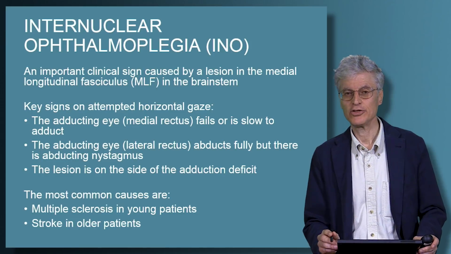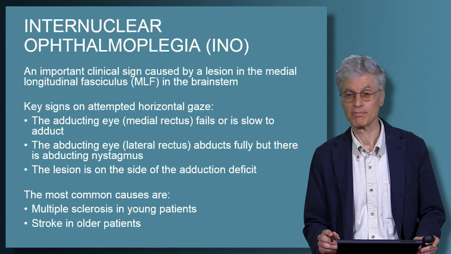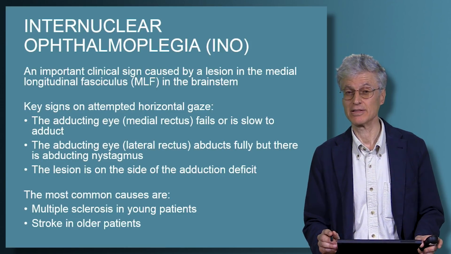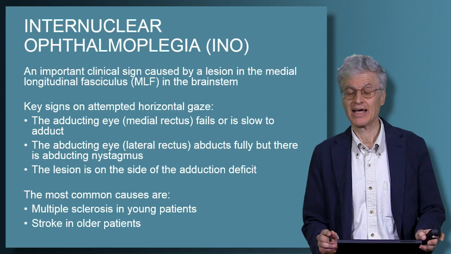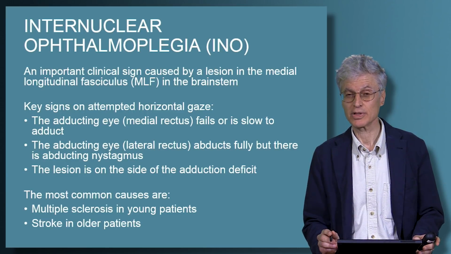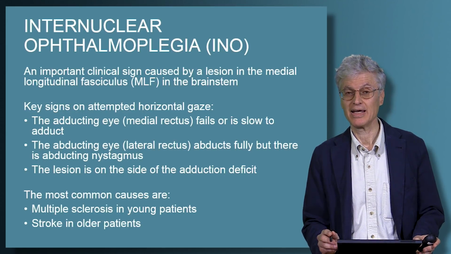Next, internuclear ophthalmoplegia. Why is it called that? Ophthalmoplegia is a paralysis of the eyes, and internuclear denotes the two nuclei, the sixth cranial nerve nucleus in the pons and the opposite side third cranial nerve nucleus in the midbrain, which are connected by the medial longitudinal fasciculus.